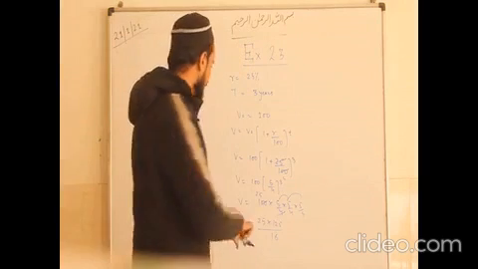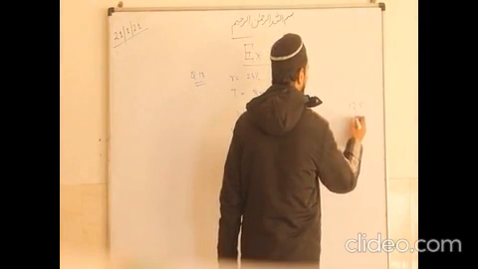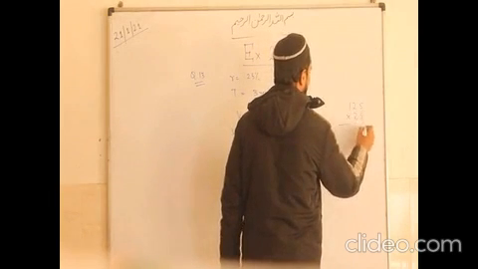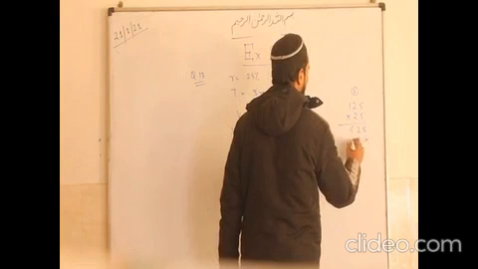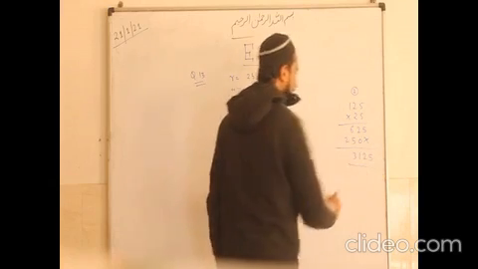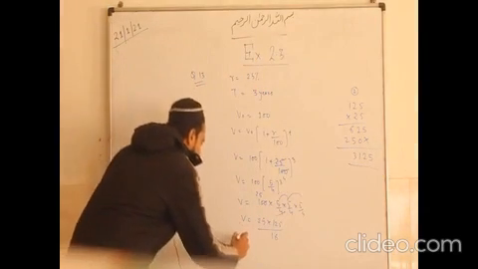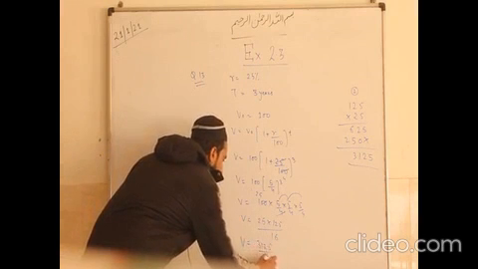So let's see this, 125 into 25, 3125. So the final value is 3125 by 16.